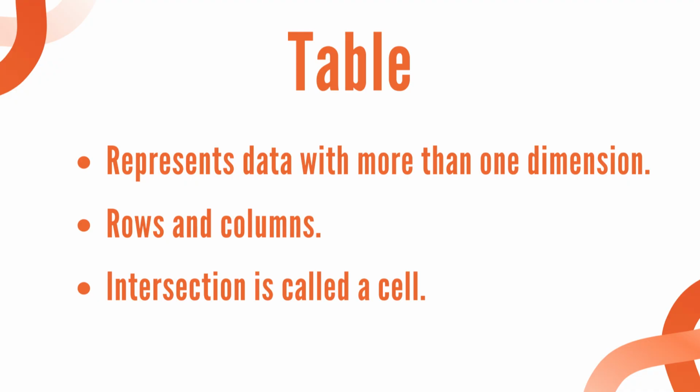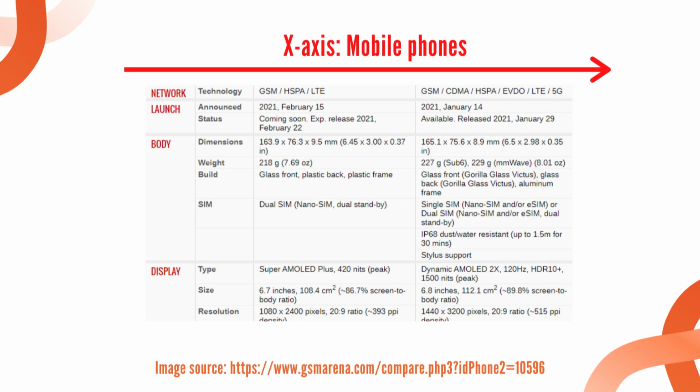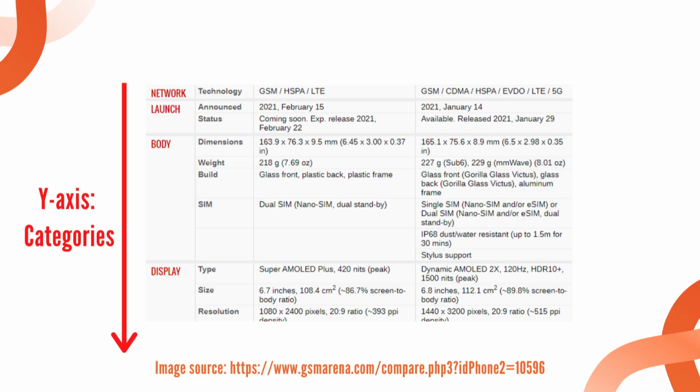So, what do I mean by represents data in more than one dimension? Let's say you wanted to compare two mobile phones based on different criteria. This would be a perfect use case for a table, because on the x-axis you will have the mobile phones that you want to compare, in this case two different mobile phones, and on the y-axis you will have the different criteria you want to compare them with.